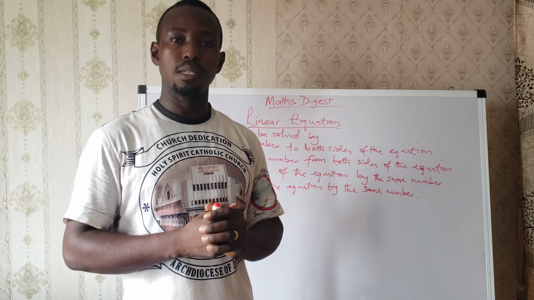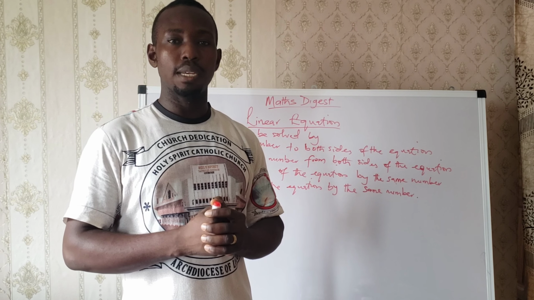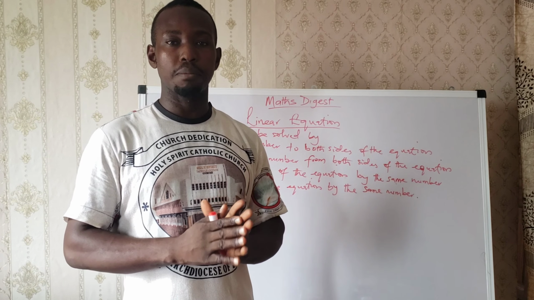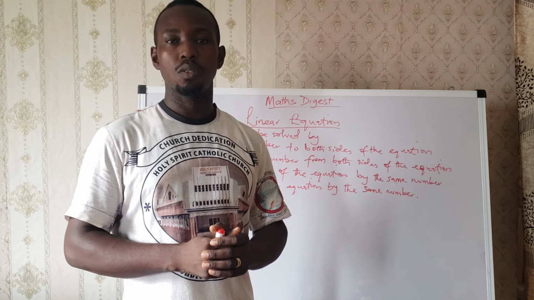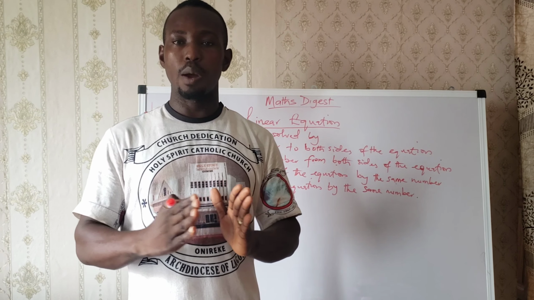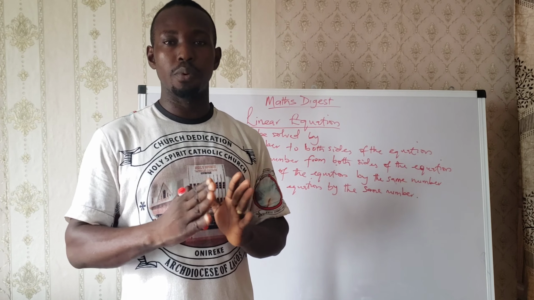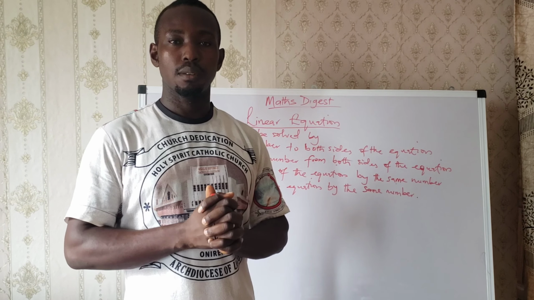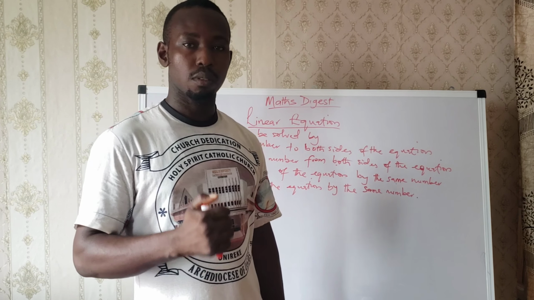Like I said, this class Mass Digest is for people who have phobia in mathematics, or who are preparing for exams, or those who want to get themselves acquainted with mathematics. So we are going to be very clear and simple so that everyone can understand mathematics. All right, let's go on.